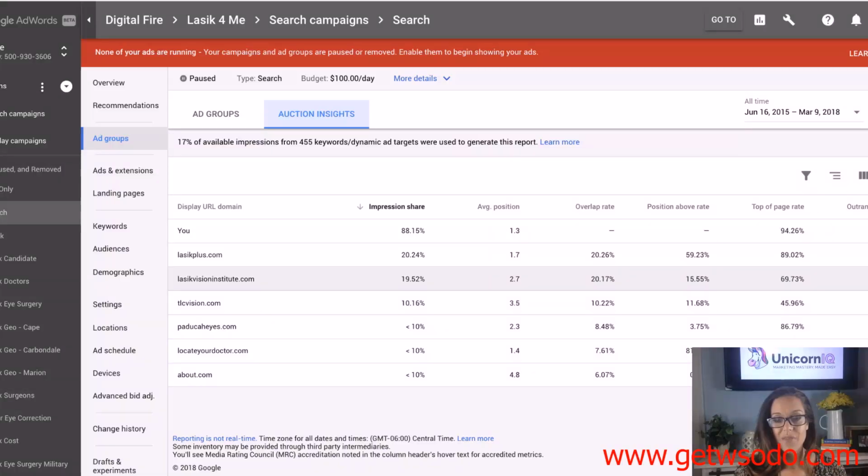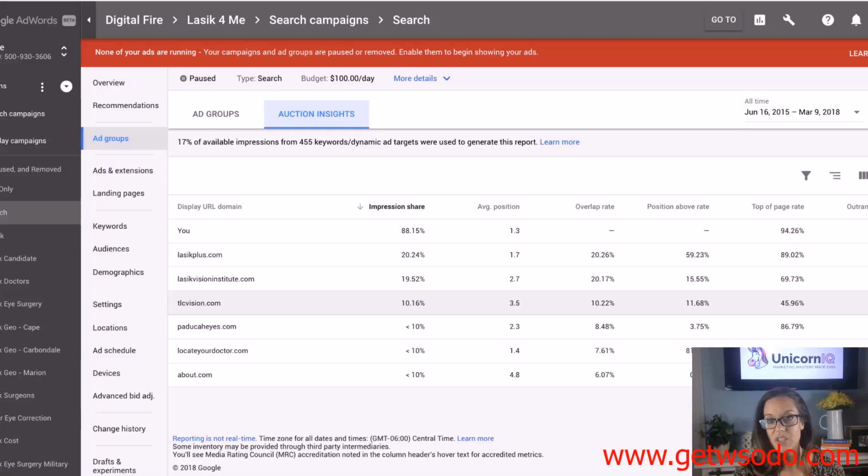For this first one, it's 1.3, so most of the time it was in spot number 1, but sometimes it showed up in 2 or 3 to average out at 1.3. LASIK Plus is averaging 1.7, LASIK Vision Institute 2.7, and so on. So very good position for this advertiser.